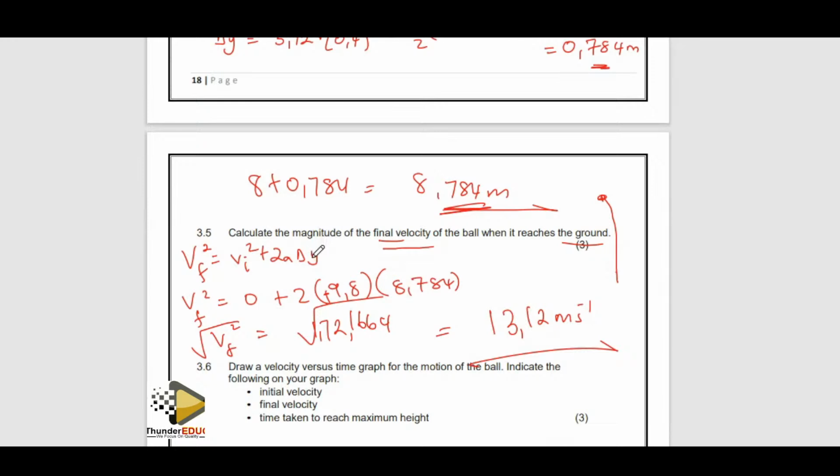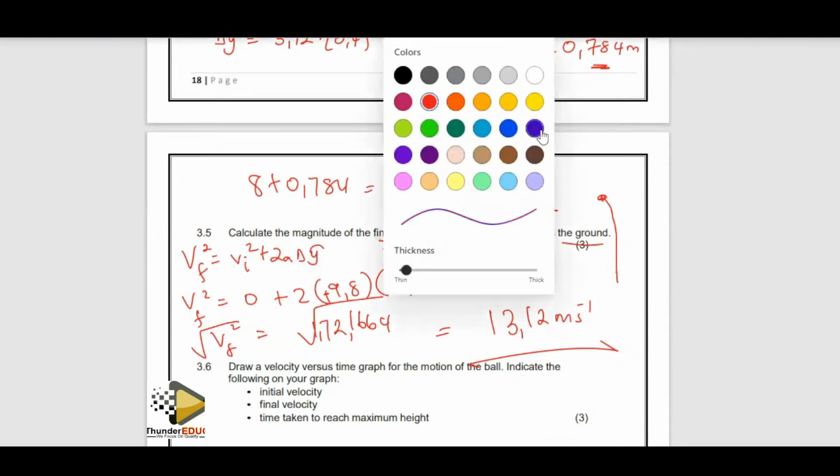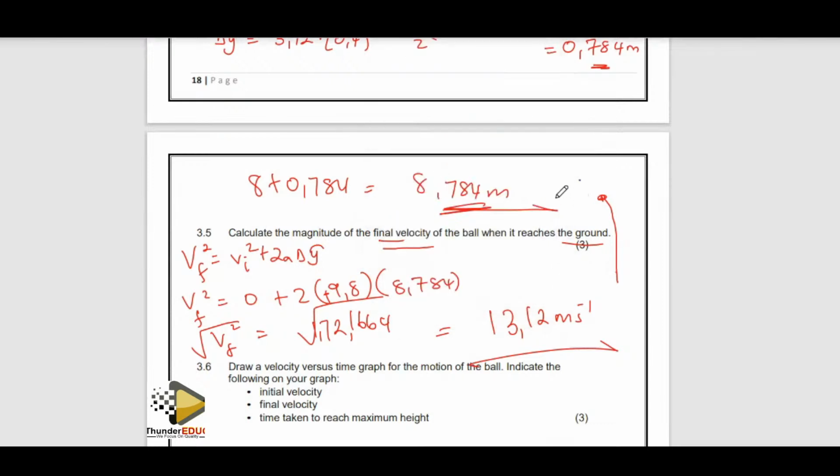If you're using the route of the entire journey, then your displacement is just going to be 8, because from the point of projection up to the same point of projection, the displacement is going to be 0, and then we focus on just the 8.